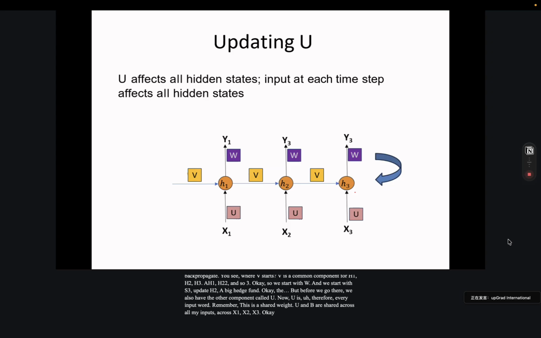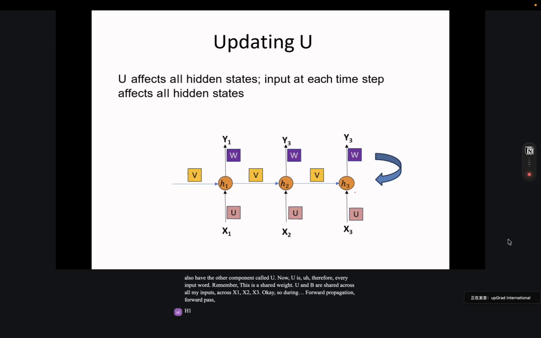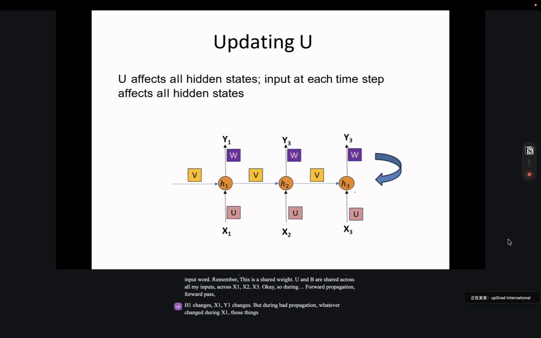During the forward pass, H1 changes with X1, and Y1 changes. But during back propagation, whatever changed during the forward pass remains constant. So we have frozen H3, H2, and H1; they really don't change, they are just retrieved.